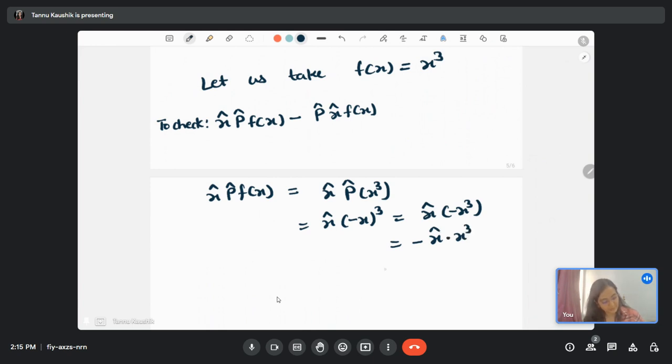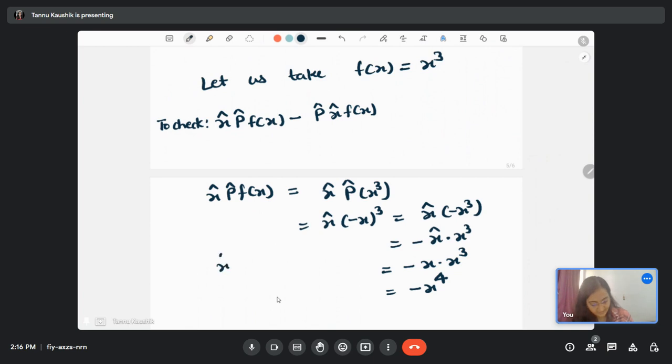So what will we get? x of minus x cube, that is, the operator x will now operate on minus x cube. Okay, so what will we get?